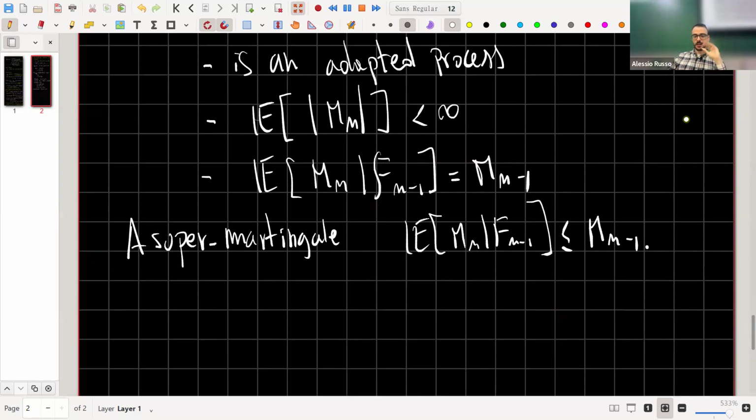So why is this important? There are a couple of reasons. The first reason is that if you have a non-negative supermartingale, so if M_n is non-negative, then we know that any non-negative supermartingale always converges to a finite value, almost surely.